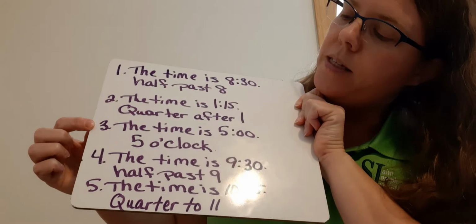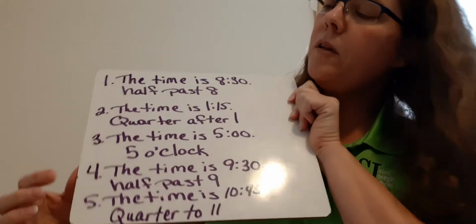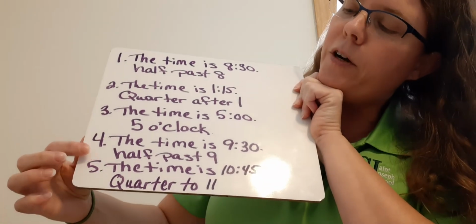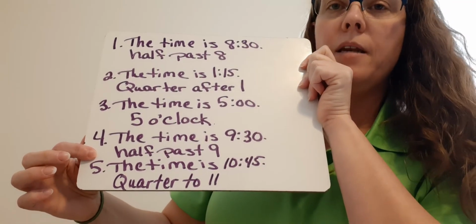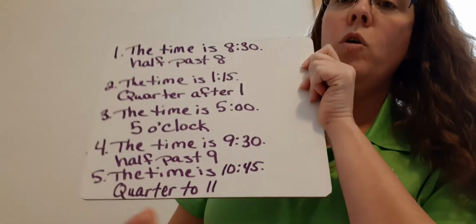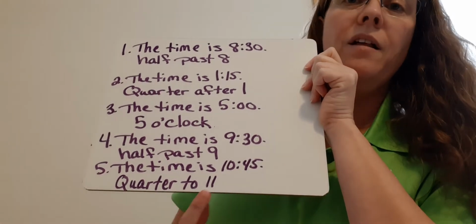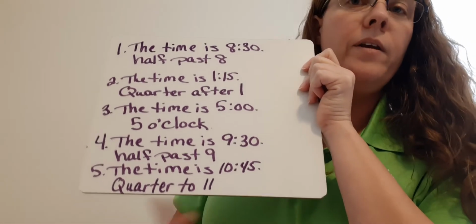Number 3, the time is 5 o'clock. Number 4, the time is 9:30. Number 5, the time is 10:45. If you wrote 11:45 or 11:15, that's fine too. They all mean the same thing.